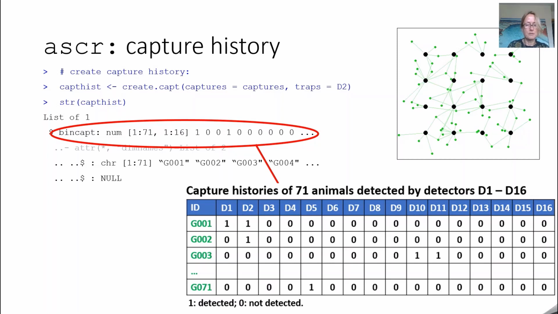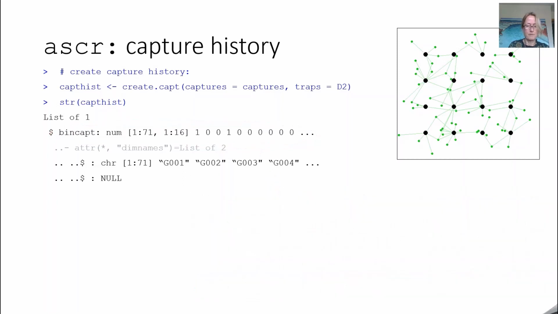As a side note, it is important to use the function create.capt to create your capture history as opposed to building it yourself. This will ensure that the object has exactly the right structure for model fitting for all the functions we're going to use in relation to model fitting, because these functions will look for specific information in specific places. For example, have a look at the lighter gray line.